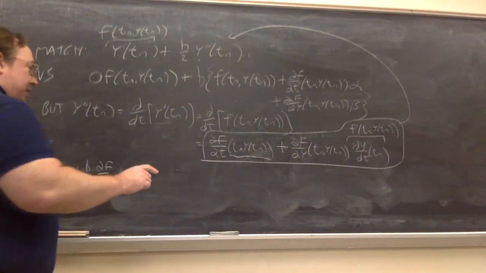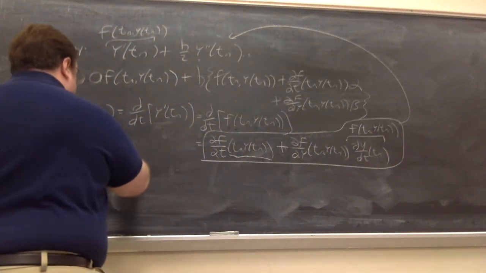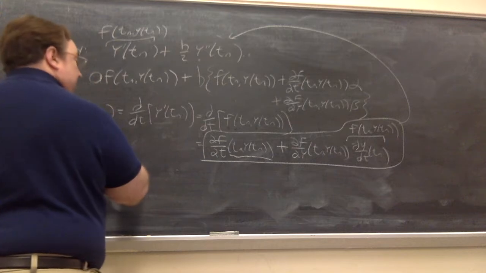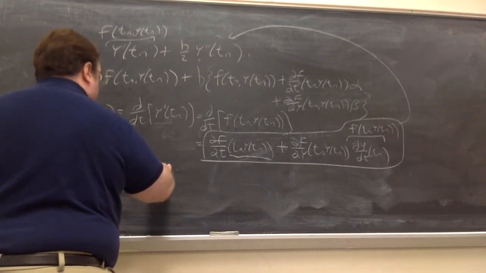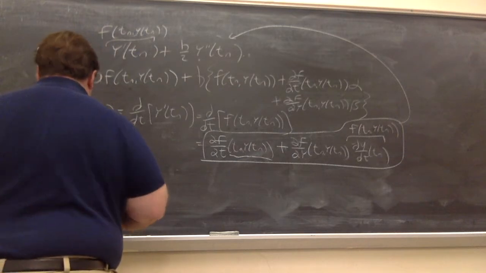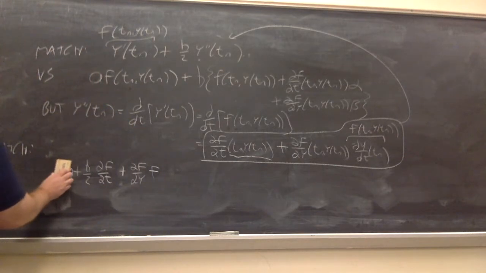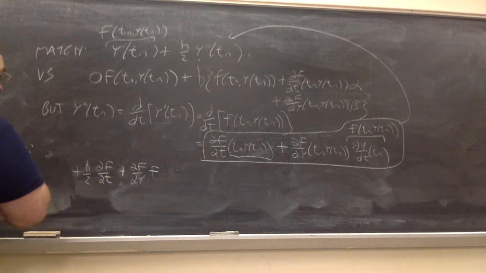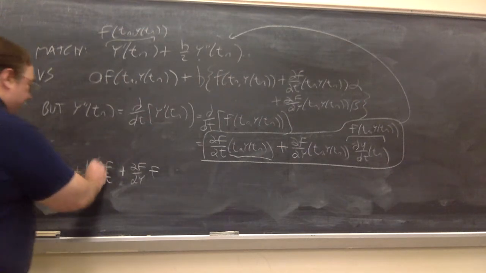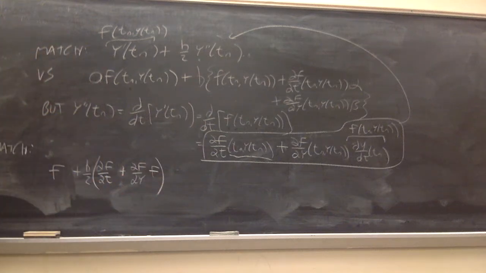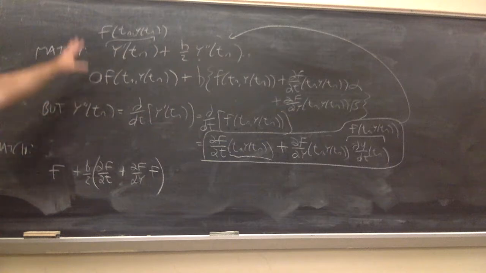I'm tired of writing it. Plus partial f partial y times f. So actually, I'll just write this also as f. So at least I'm abbreviating consistently. Okay, so all of this is times h over 2 because of that up here. So that's what I have from the first expression.